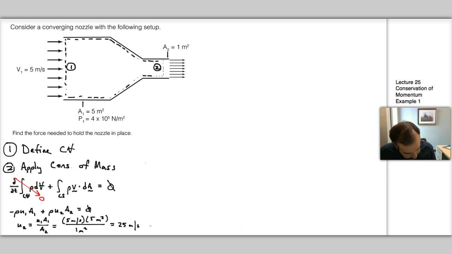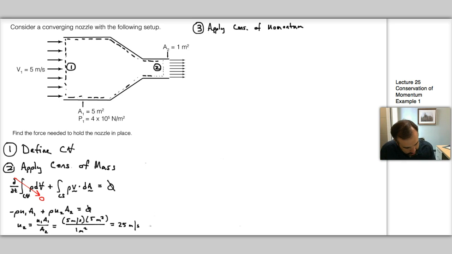So now, step 3, we're going to apply conservation of momentum. Okay, so we're going to do the same thing. We're going to start with the general form of the equation.